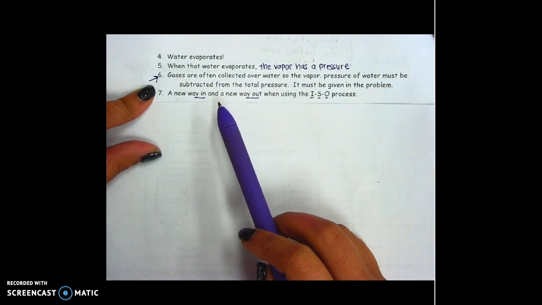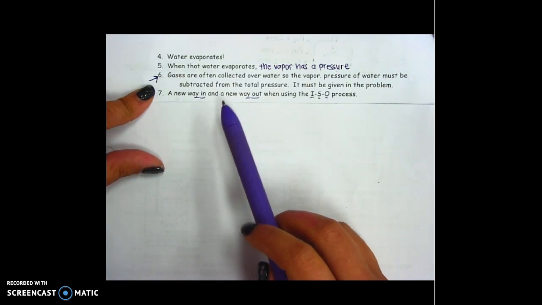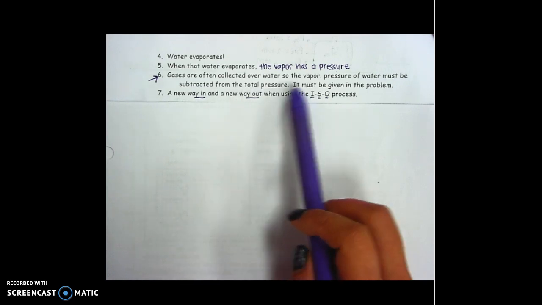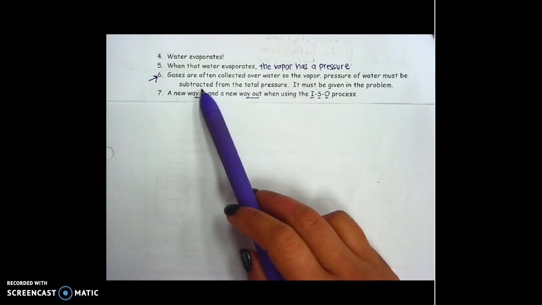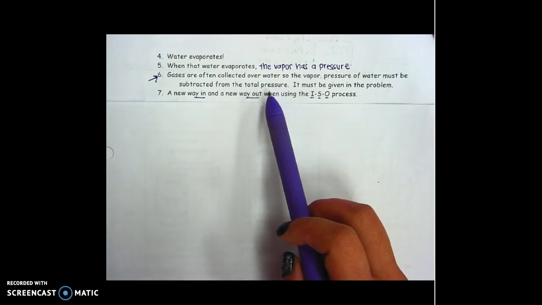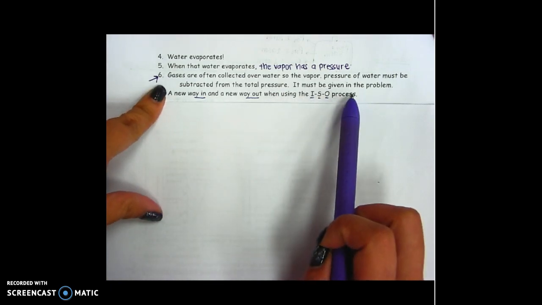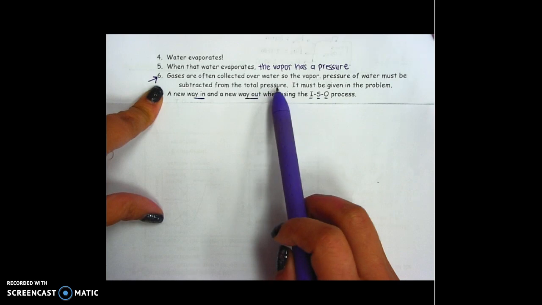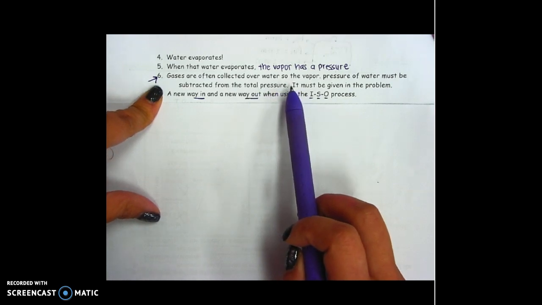Sometimes it'll say, this chemical reaction happened and this is the pressure of the water vapor. If they ever mention that water vapor, you always have to subtract it out from the actual pressure that's given. You'll see some examples of this when you do the gas stoich worksheet that you're going to be doing right after this. So don't worry about it if they don't mention the water vapor at all, but if it is given, you just subtract it out from the total pressure before you do your calculations.